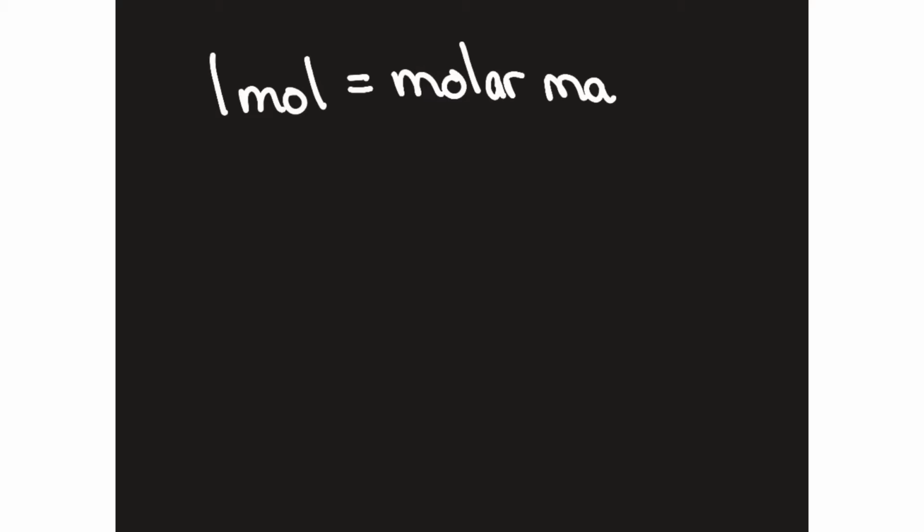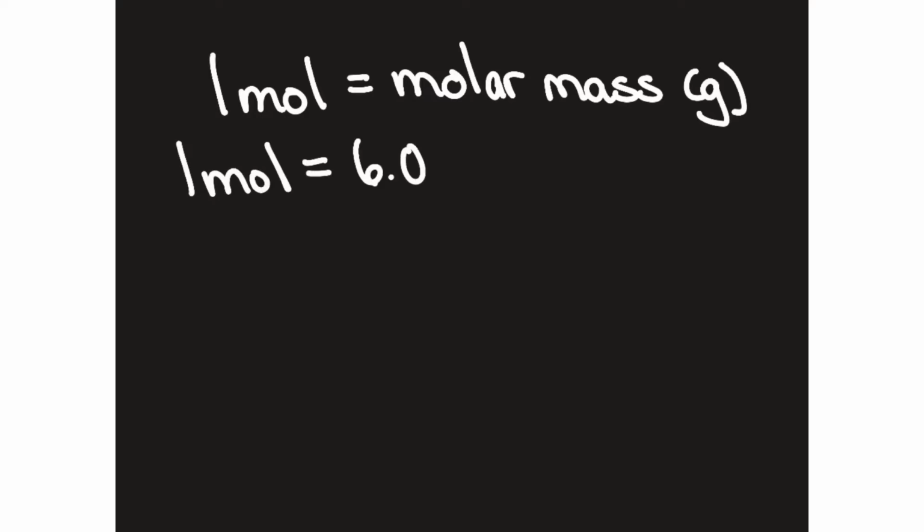Before we begin doing some conversions, I want to make sure we understand some relationships. One relationship we need to make sure we understand is that 1 mole of anything equals the molar mass of that substance, and that is in grams. We also know that 1 mole of anything equals 6.02 times 10 to the 23rd particles.